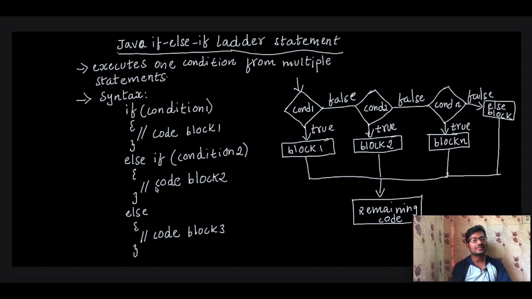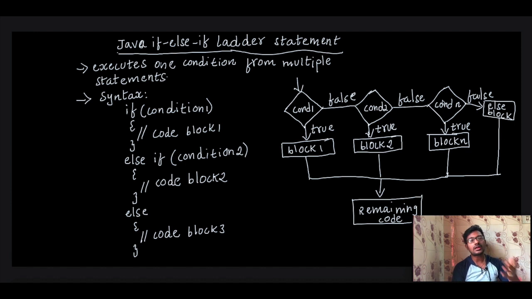So this is the syntax, and the flow diagram is as follows. First condition 1 would be checked. If the condition is true, block 1 code would be executed. If the condition is false, condition 2 is checked. If condition 2 is true, then block 2 code would be executed. If condition 2 is false, then finally condition n would be checked. So there could be n number of conditions. It's not just 1, 2.